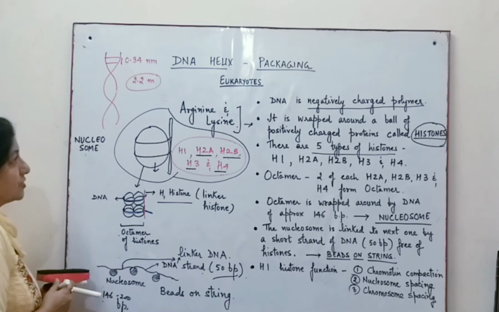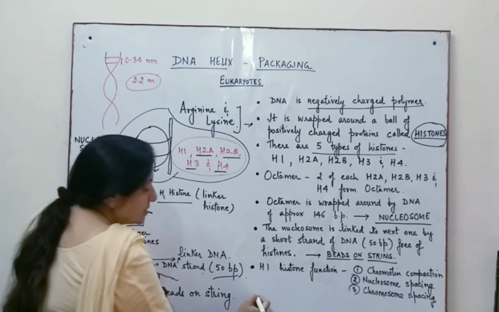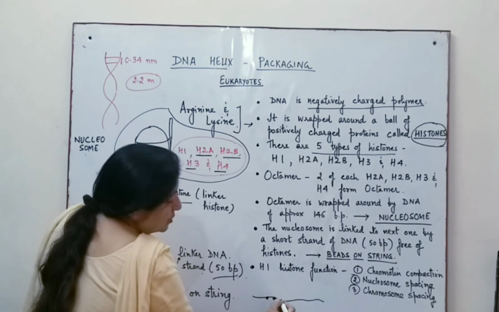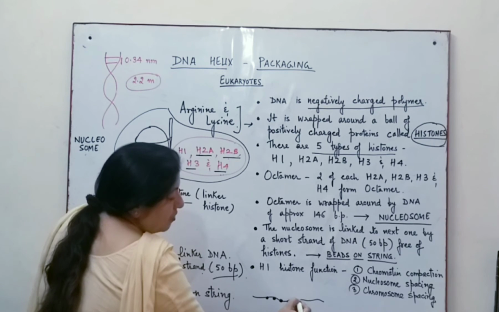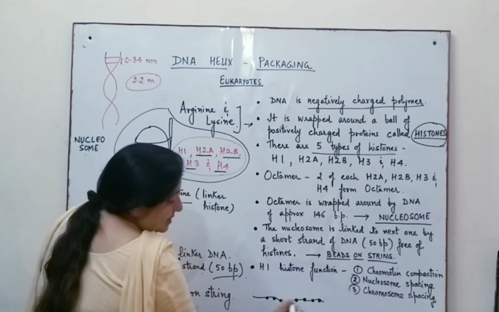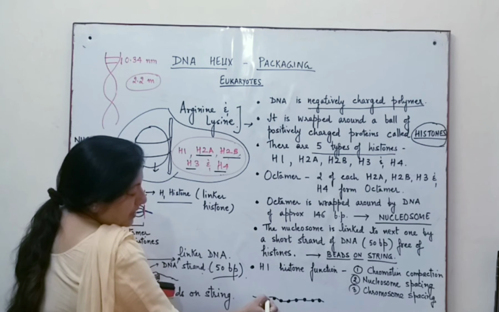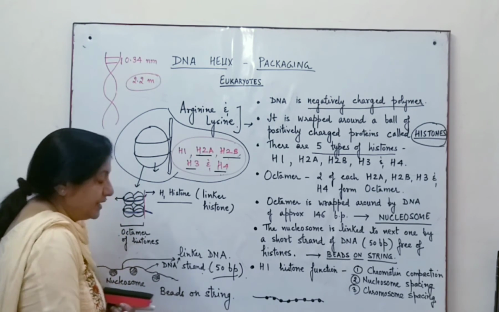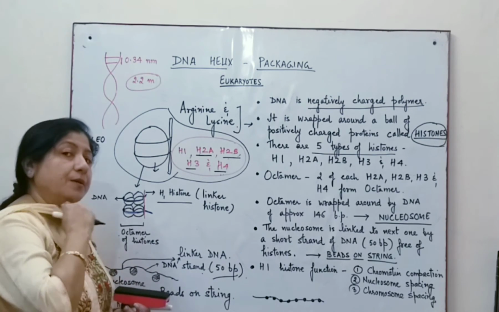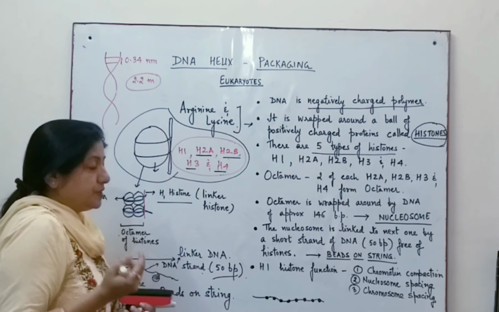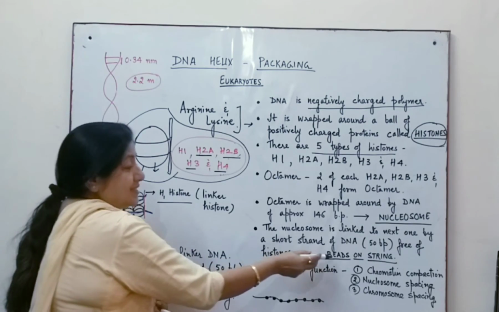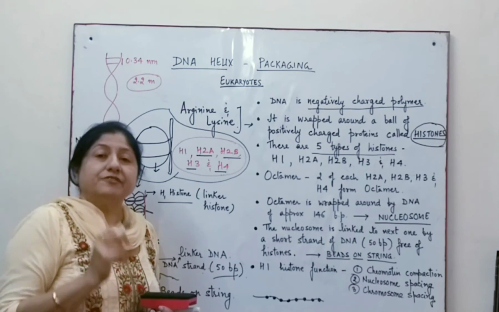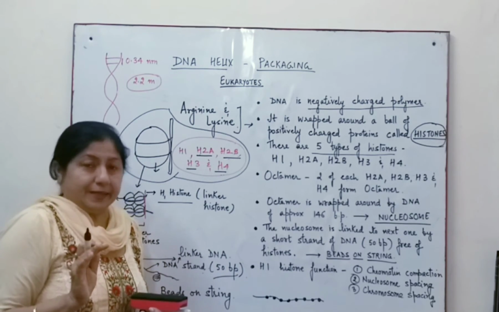Suppose this is the DNA strand, these are the nucleosomes. They appear like beads on a string, and the string between two nucleosomes is the linker DNA, consisting of 50 base pairs. So this is the beads on string structure of the non-dividing DNA.